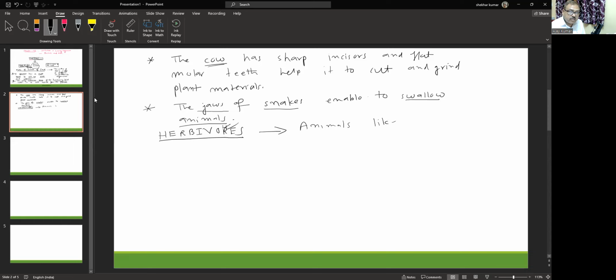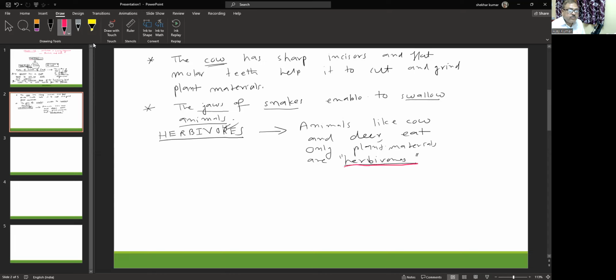Animals like cows and deer, which eat only green plants, only plant materials, are called herbivorous animals or herbivores. ये ध्यान में रखो. ठीक है, ये पॉइंट को ध्यान में रखो. Herbivorous.